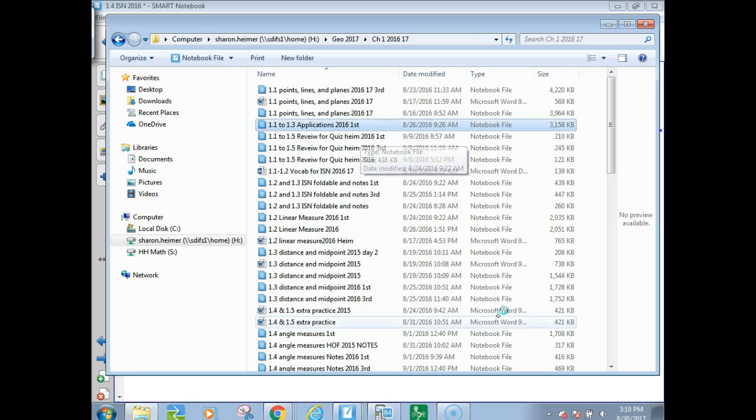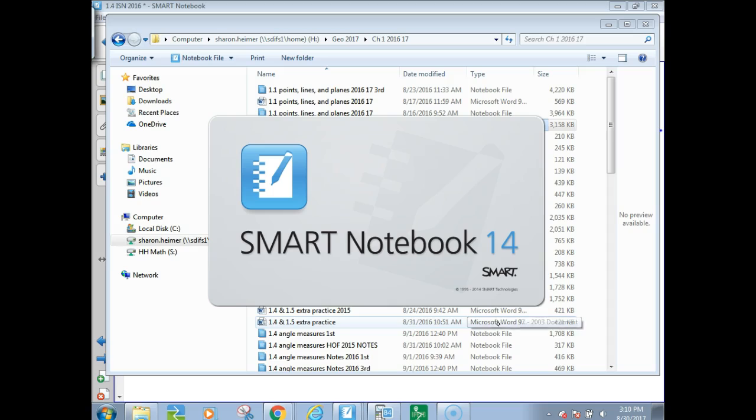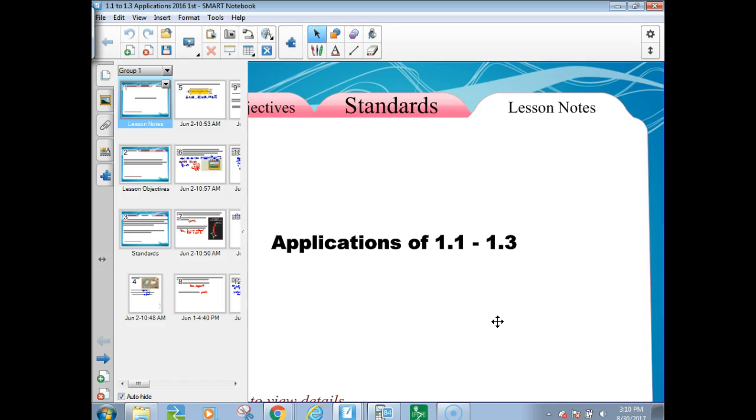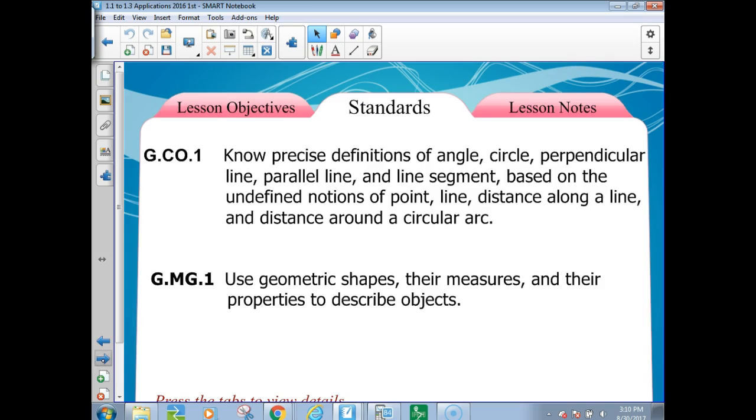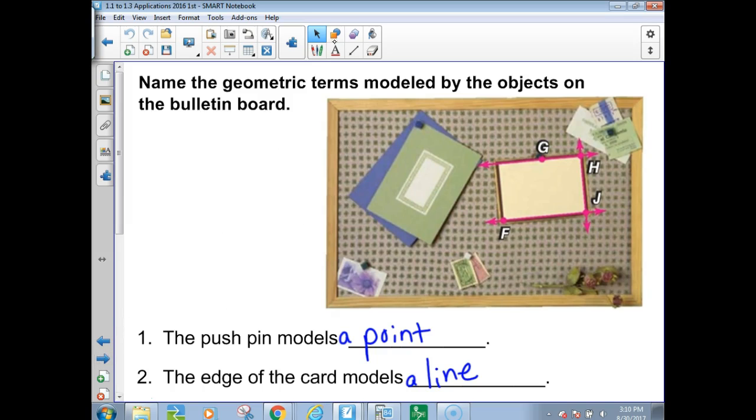We will be doing a little warm up before we do our quiz tomorrow. Okay, in the application packet, 1-1 to 1-3.